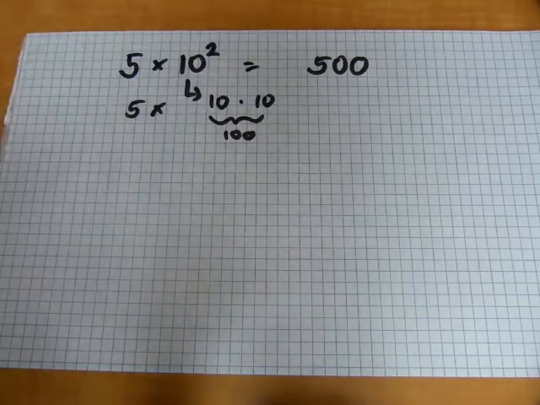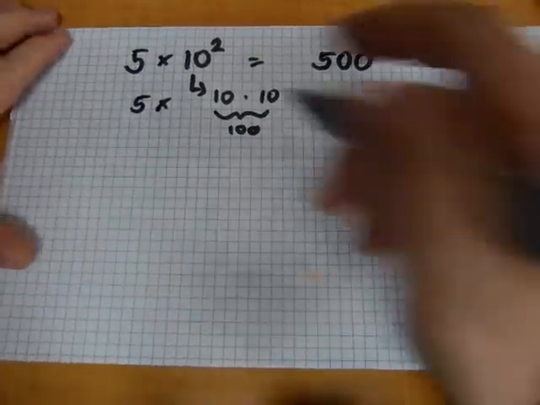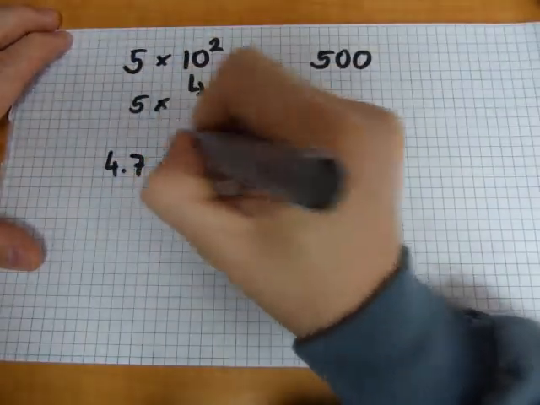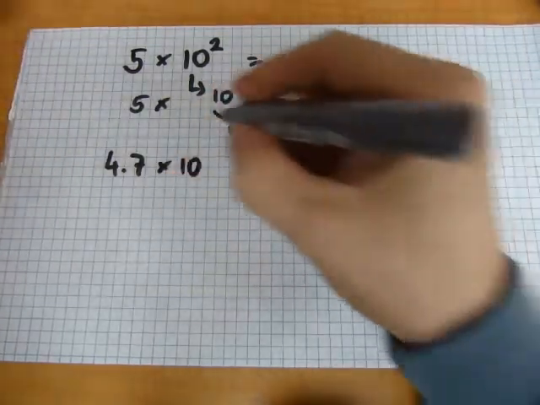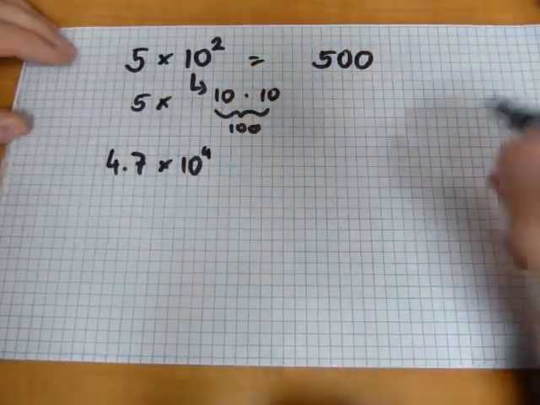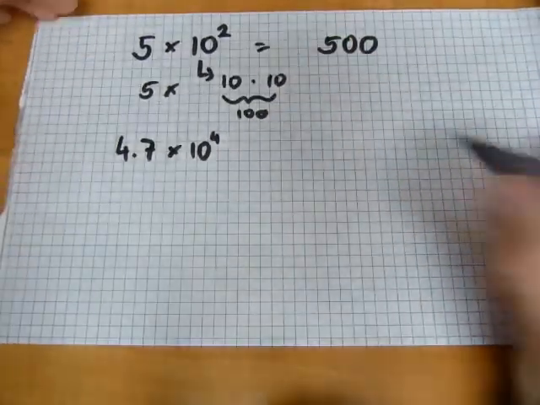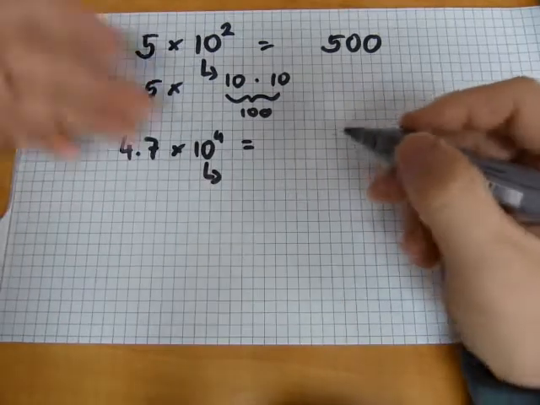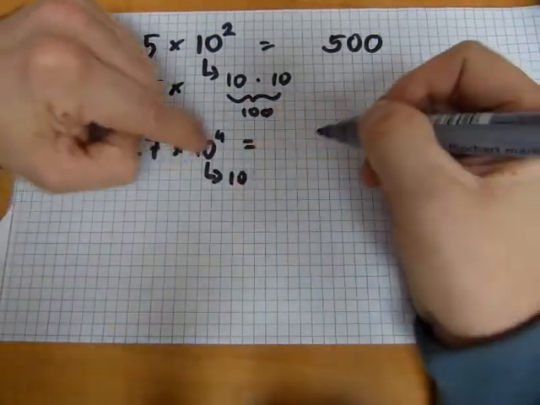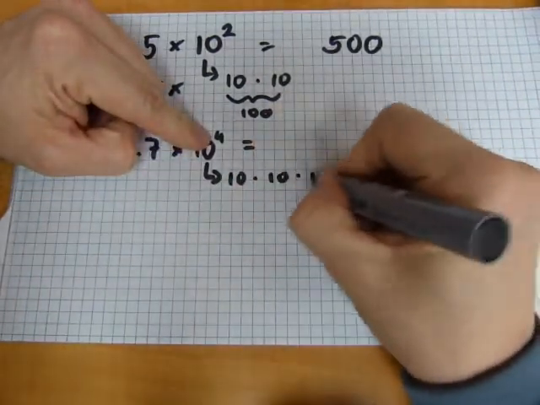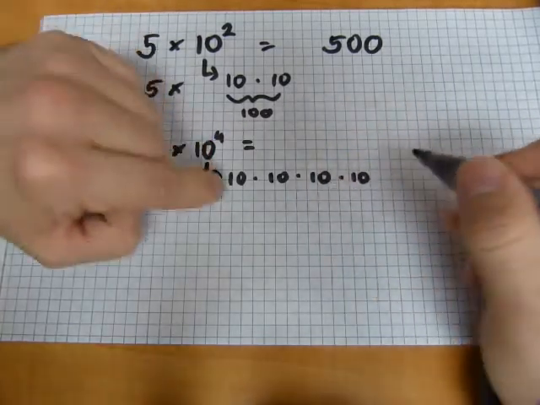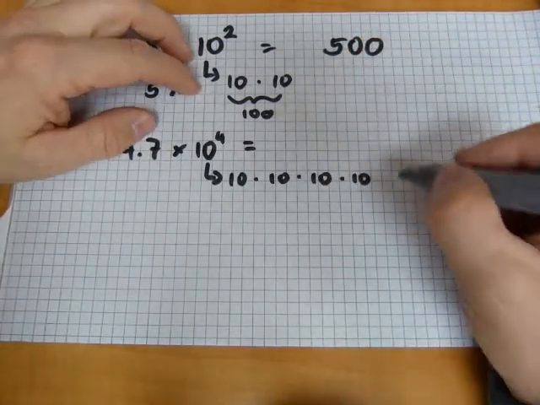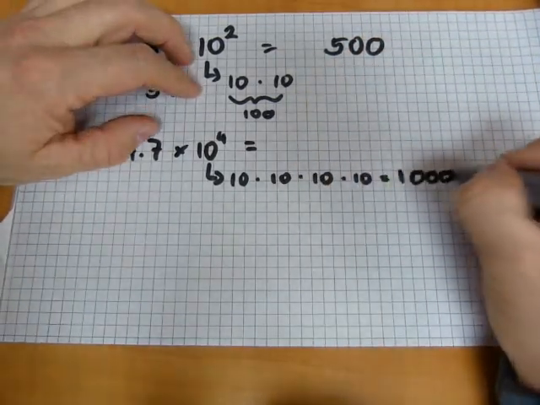Another number, just to give you another example with a decimal at the beginning. For example, 4.7 times 10 to the power of, how about a little adventure, 4, would be what number? Same line of thinking is going to apply. 10 to the power of 4, you write down 10 4 times, multiplying by itself each time. So 10 by 10 by 10 by 10, that's 10,000, or a 1 followed by 4 zeros.